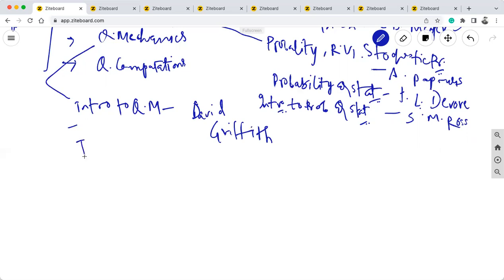There is a very classic book known as the Feynman Lectures on Physics, and there are multiple volumes.